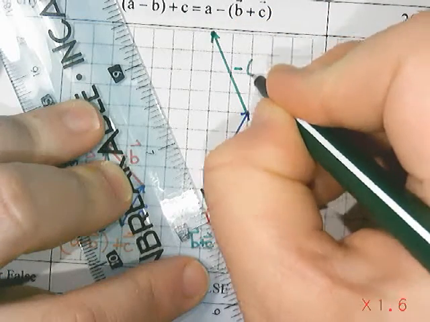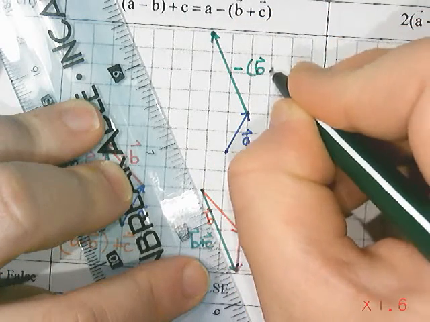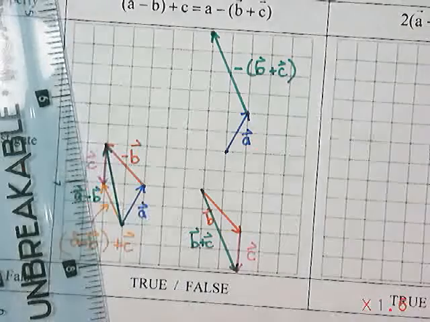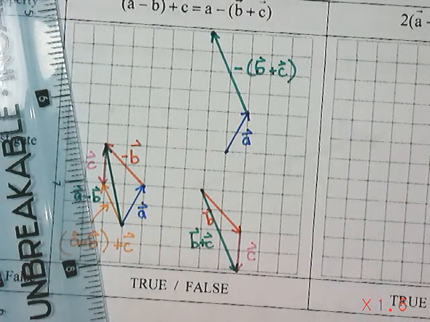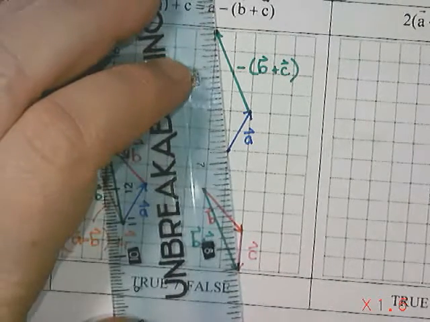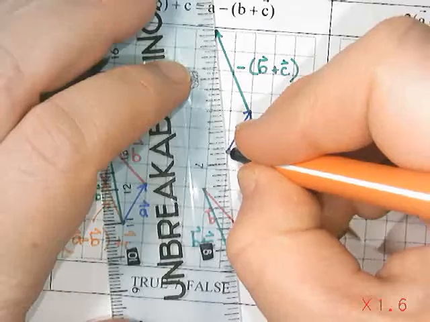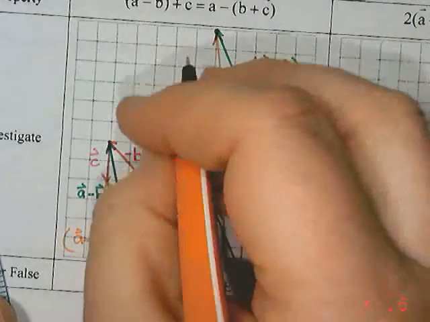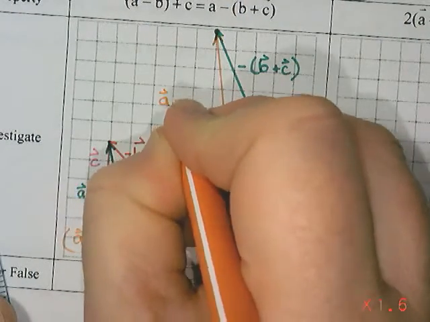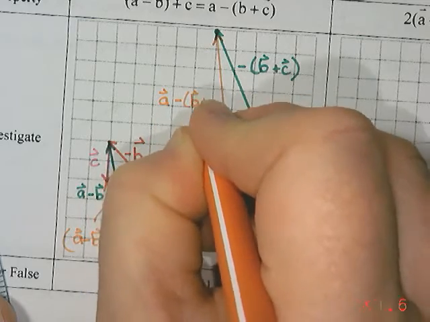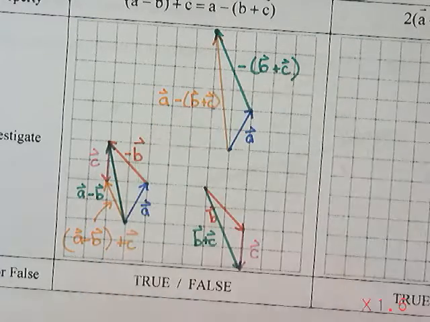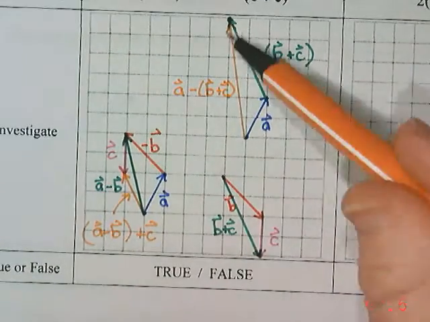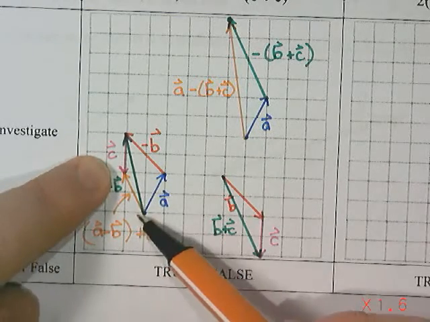This is minus B plus C. And then if I draw in my resultant, start at A, we end at the end of minus B plus C. We get A minus B plus C.